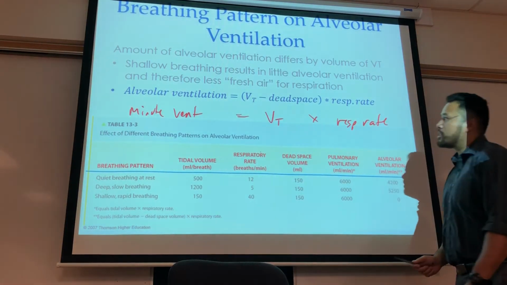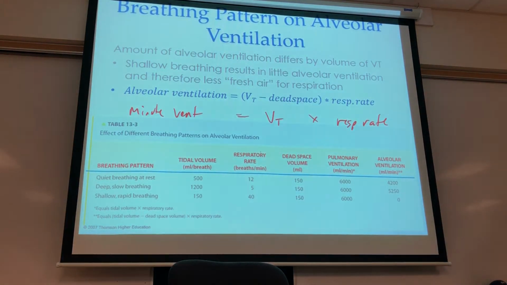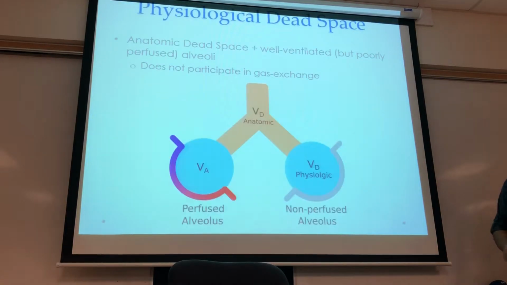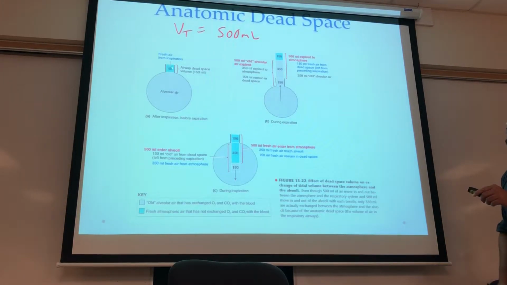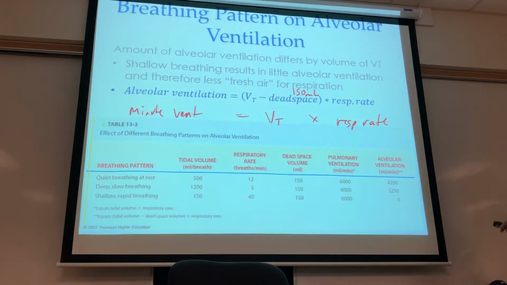The dead space we already determined to be about 150 mils of air that we saw in that prior slide, 150 mils stuck in that dead space. With alveolar ventilation, we account for the dead space, and this tells us how much air is making its way to the alveoli, representing the fresh air that participates in external respiration.